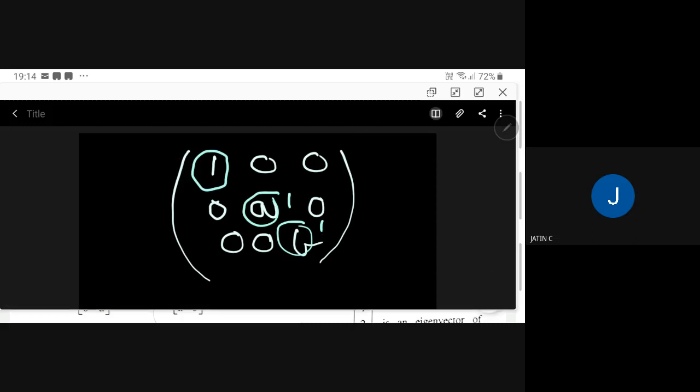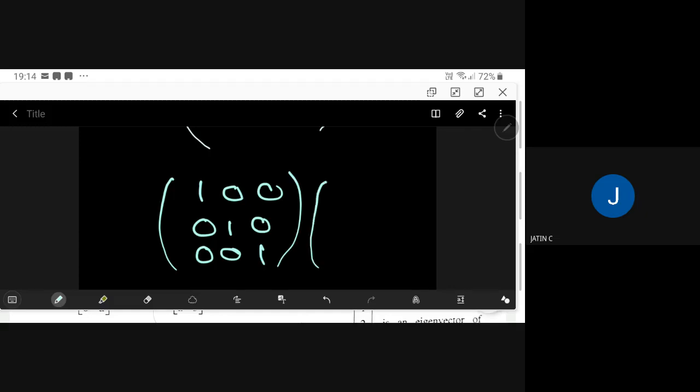I'll tell you. If you take, for example, the identity matrix of size 3 by 3, you have 1 0 0, 0 1 0, 0 0 1. If you multiply this with some vector x, one must get some multiple of the same vector. This is what we mean by eigenvector. So what will be the value of lambda?